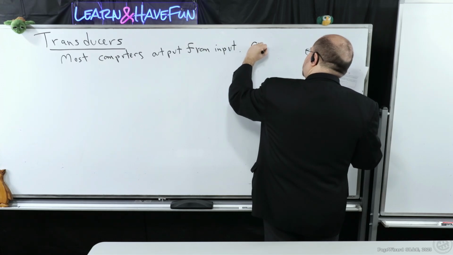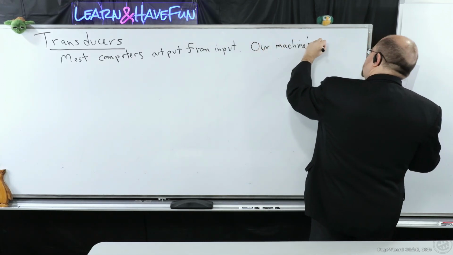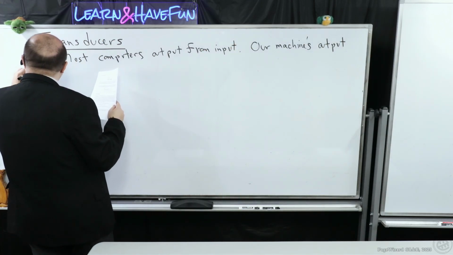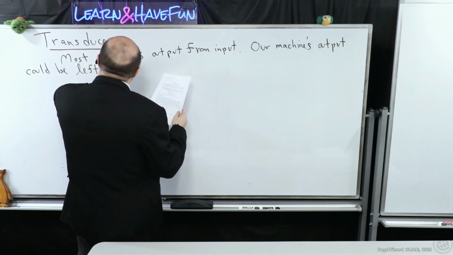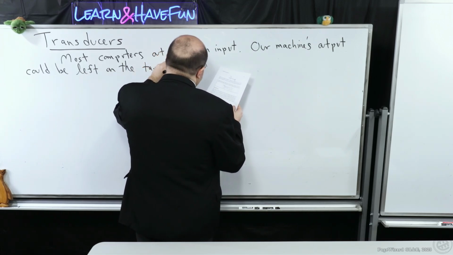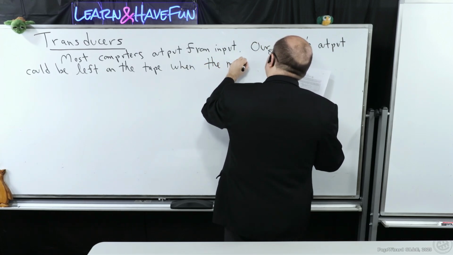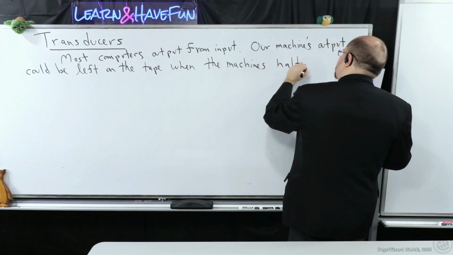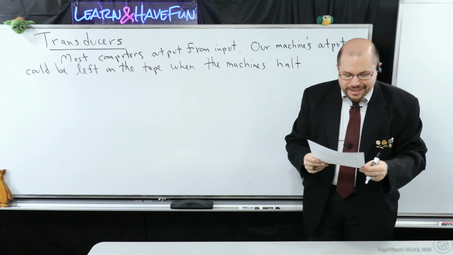So our machine's output could be left on the tape when the machine halts. Once the machine processes, I want it to stop, and whatever's on the tape, I want to be able to interpret that as output. Okay? So that's the main idea here.